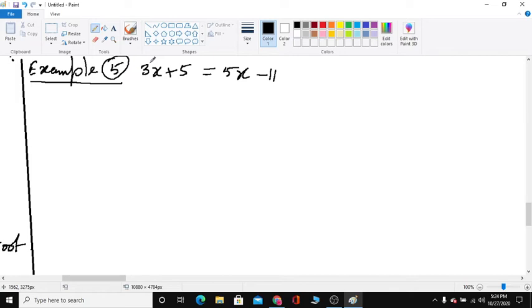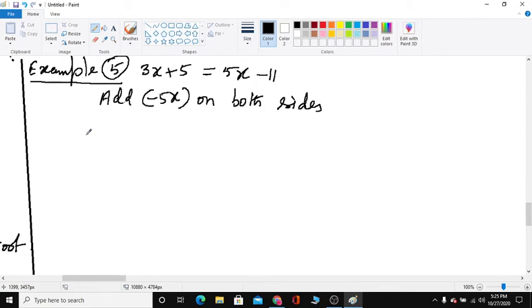Add minus 5x on both sides. So first you write what is there in the left hand side, children. 3x plus 5 is there in the left hand side. 3x plus 5, right as it is.